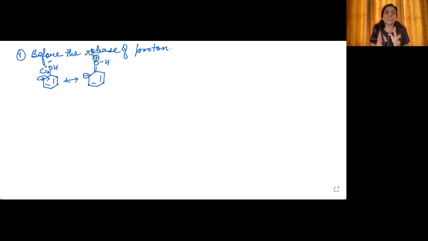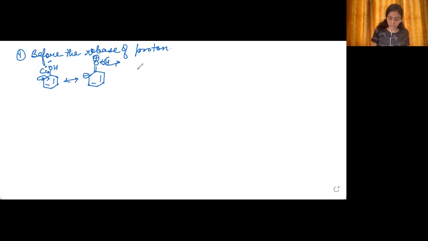To stabilize itself, it will attract the shared pair of electrons between it and hydrogen towards itself. This means the polarity of the OH bond will increase. Any factor that leads to an increase in polarity of this OH bond will lead to an increase in the acidic character. Because oxygen can attract this shared pair of electrons with more strength because of the positive charge, the proton will be released very easily. So this is increasing the acidic strength of phenol.